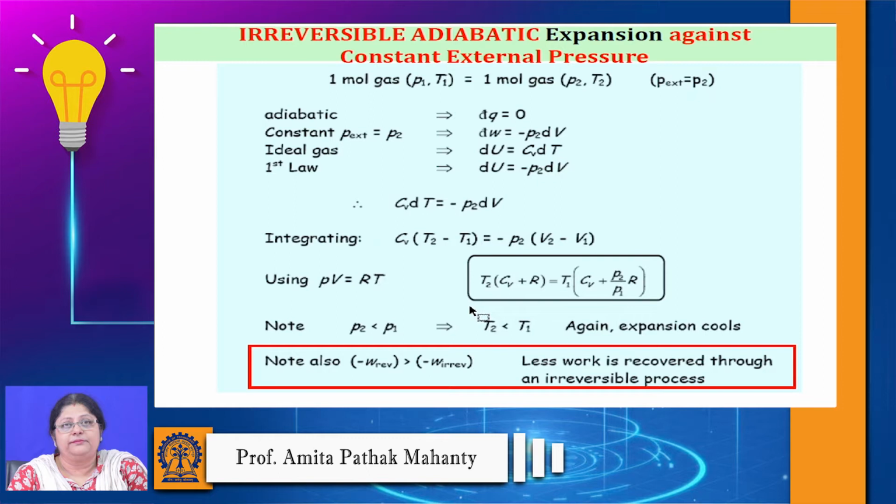So if you compare that, you will get the volumes. If the temperature is going to be cooling down, obviously the volume change which you look at will be different, and the volume change is going to be related to the work, so less work is going to be recovered when you are doing it irreversibly.